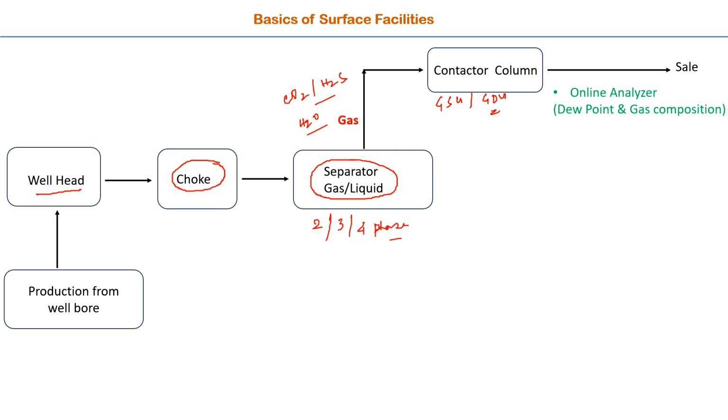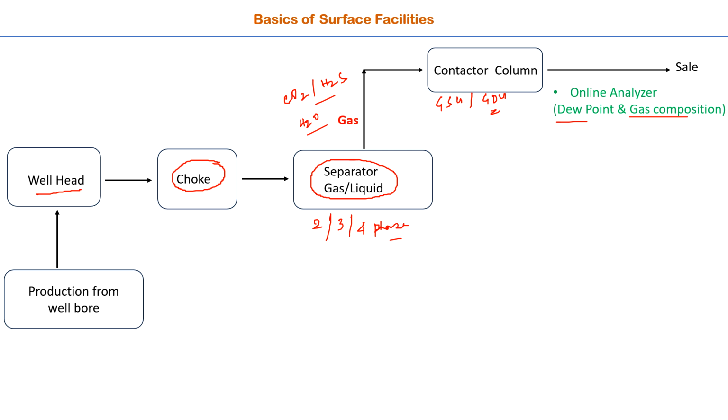There are online analyzers in the custody transfer meter that continuously monitor the dew point and gas composition while the sale is going on, right? So this is the case of gas. We'll discuss this gas separation process in later videos.